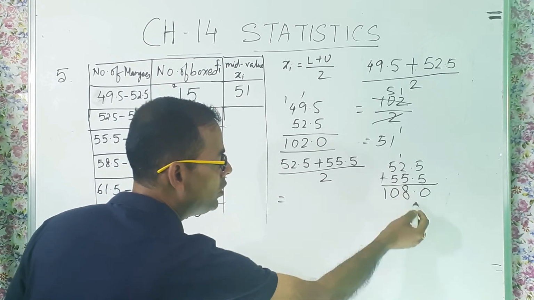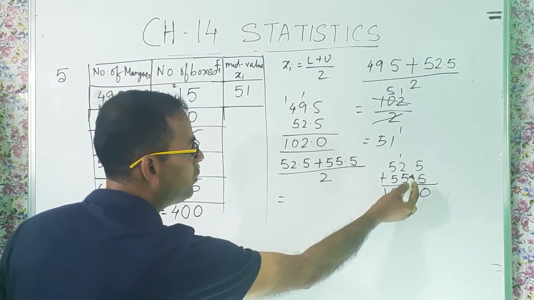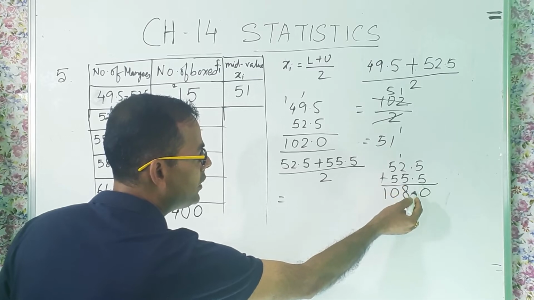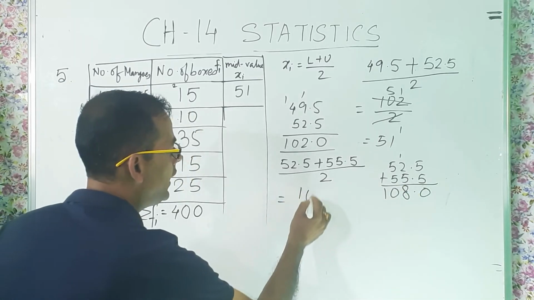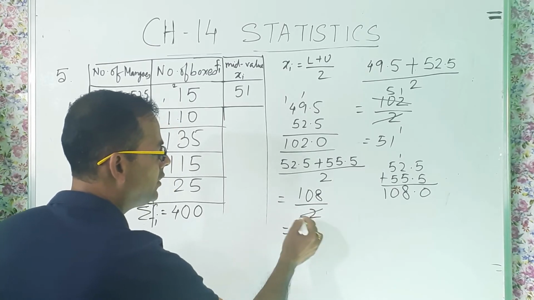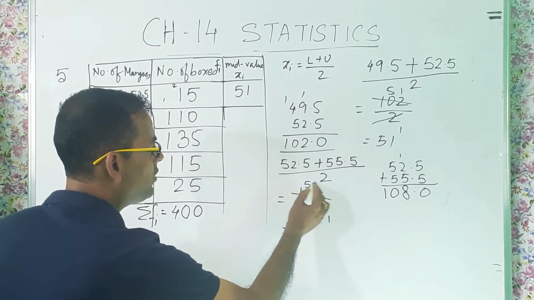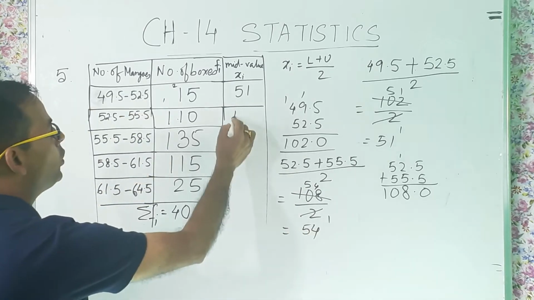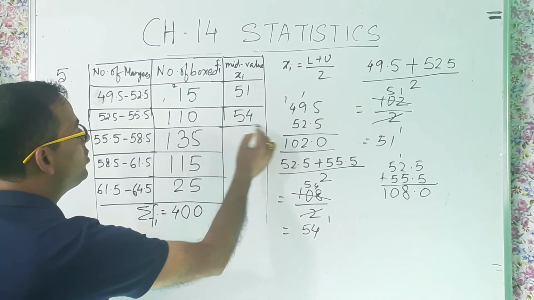And the point below will always be below the point. Okay. So, 108.0, no need. Now, I will cut: 2 1s are 2, 2 5s are 10, 2 4s are 8. So, what I get? 54. So, I will write here 54.